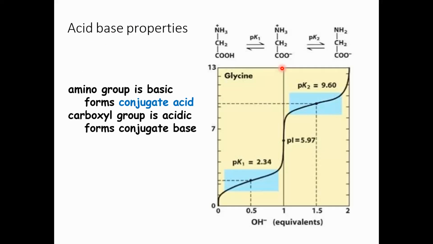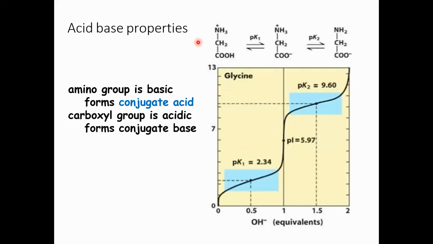So amino acids can act as a zwitterion at physiological pH. Because of this zwitterion, amino acids can exhibit acid-base properties, meaning an amino acid can act as an acid or as a base.